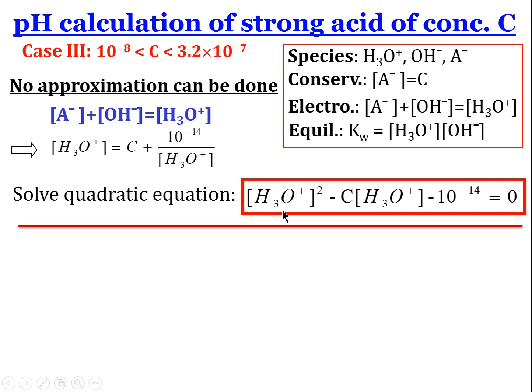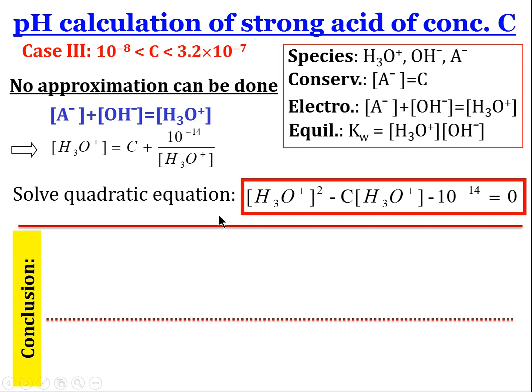To find the concentration of H3O plus and to deduce the pH, we have to solve this quadratic equation, and we have two solutions: one concentration of H3O plus accepted and the other possible concentration rejected.